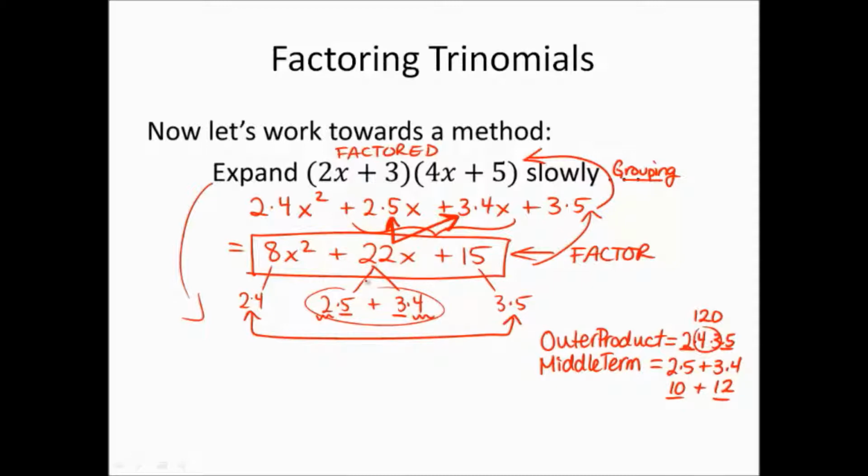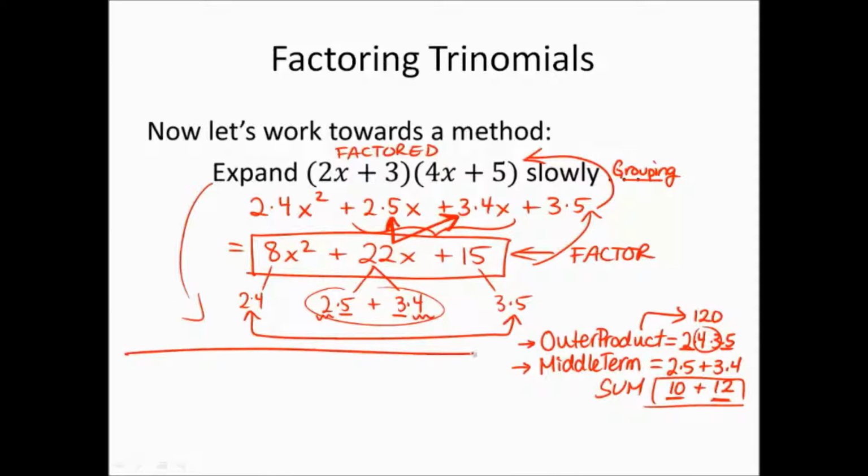Well, if this is going to work in general, what that means is we can look at the outer product and the middle term and find two numbers that have a sum of the middle term, so they add to the middle term, and they have a product of the outer product.